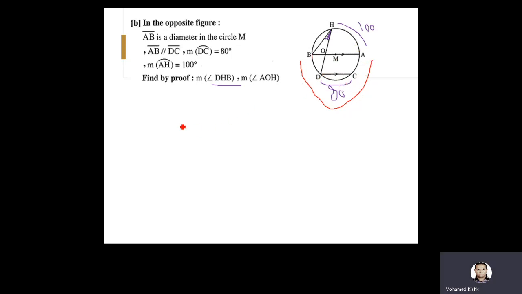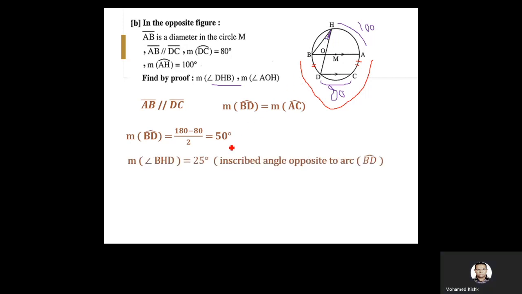And we have AB parallel to DC, which means that arc AC is equal in measure to arc BD. These two arcs are equal in measure, and we have DC is 80, so the measure of any one of them, AC or BD, will be 180 minus 80 divided by 2, which is 50 degrees. And we can notice that angle H is an inscribed angle subtended by the arc BD, so the measure of angle H is 25 degrees, half of 50.